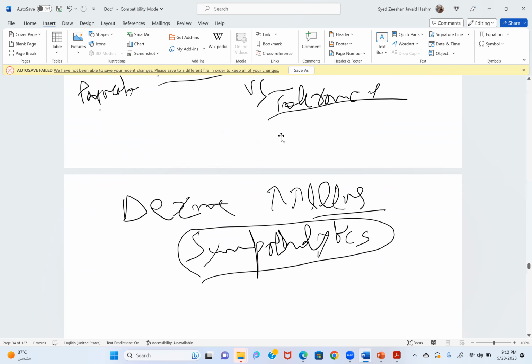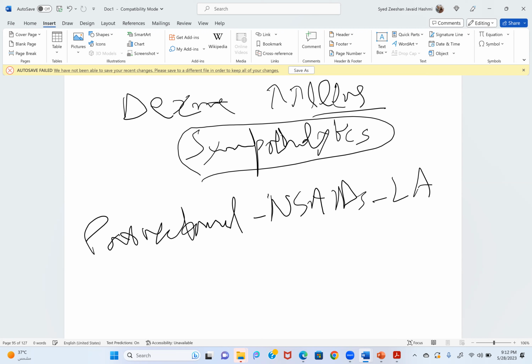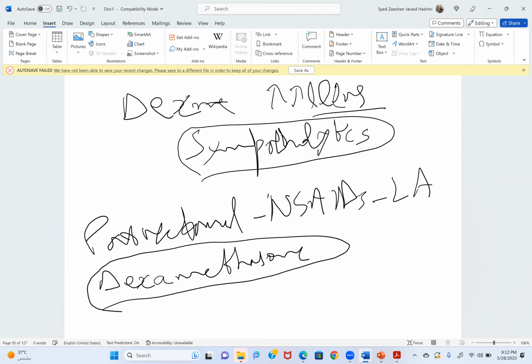Another medication, in addition to paracetamol and NSAIDs, is dexamethasone, which we usually use for PONV and as an anti-inflammatory. Local anesthetics are another background thing which we don't consider as analgesic, but in my concept, it is a wonderful analgesic.